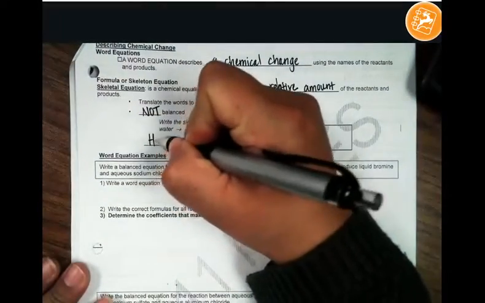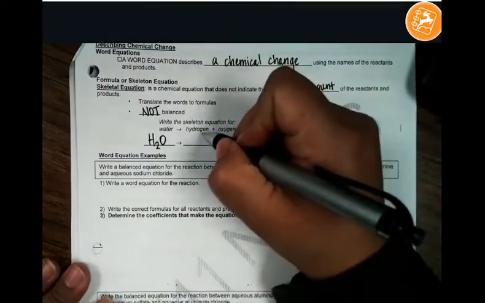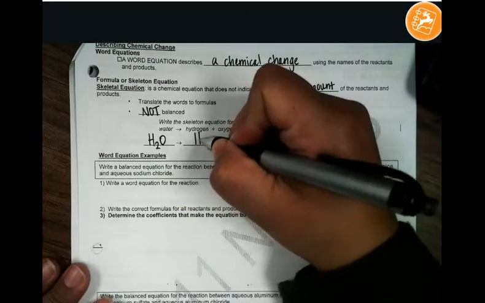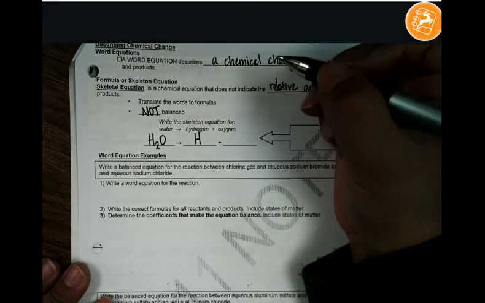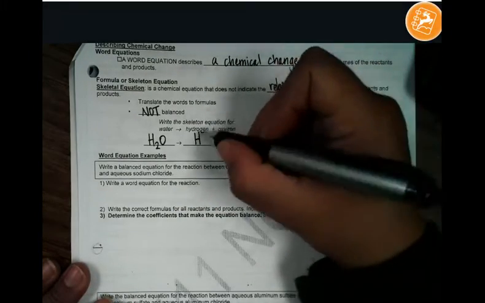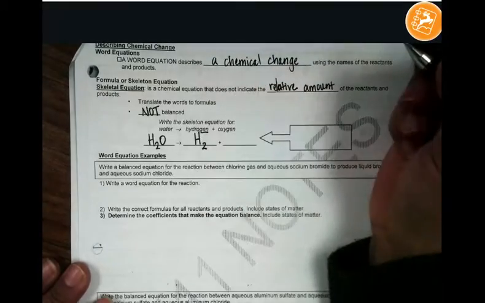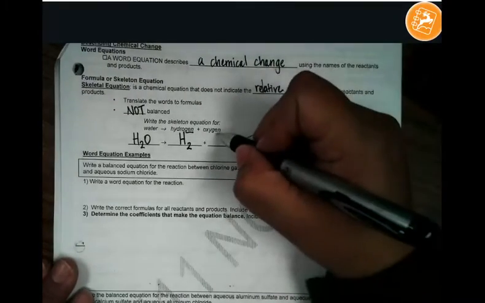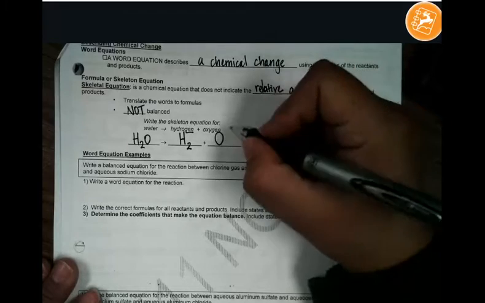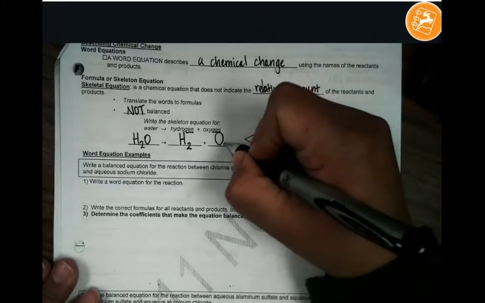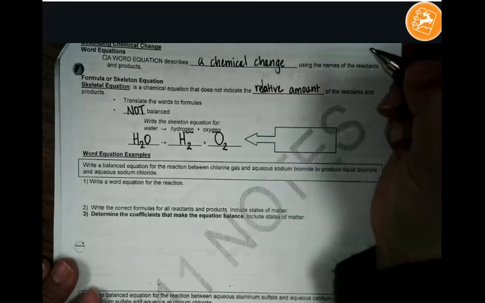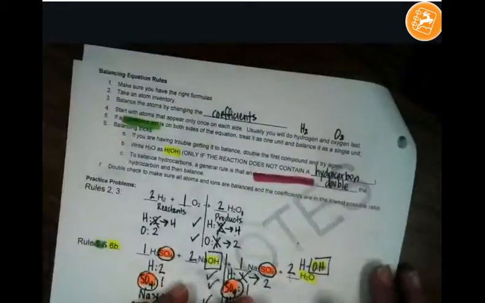That would be H2O. Hydrogen is H, but remember it ends in GEN, so it has to have a 2 after it. It's a diatomic. Oxygen is O, right? Ends in GEN, diatomic, right? So we talked about yesterday, we got to make sure that we have the right formulas.